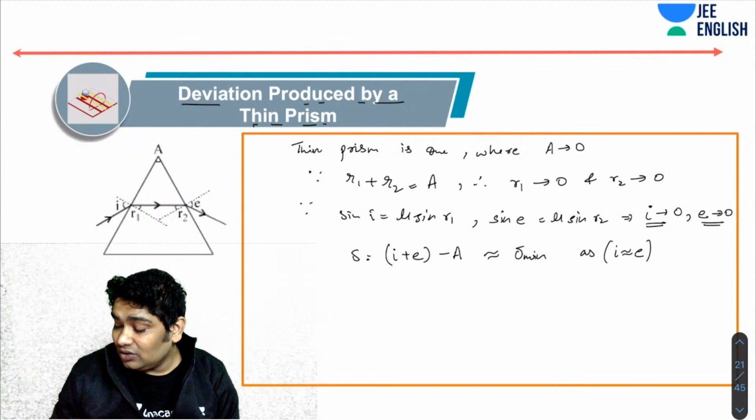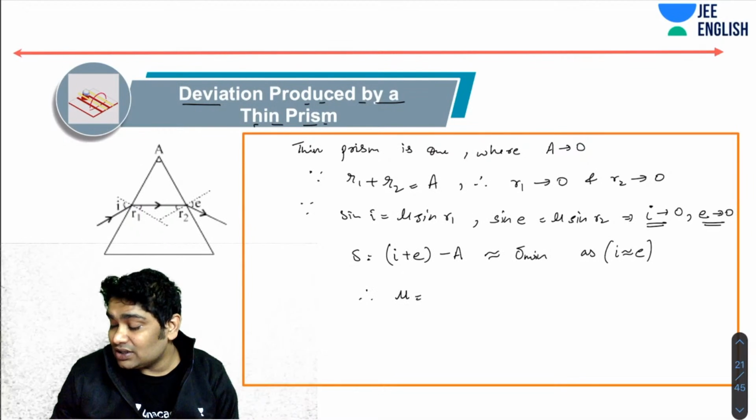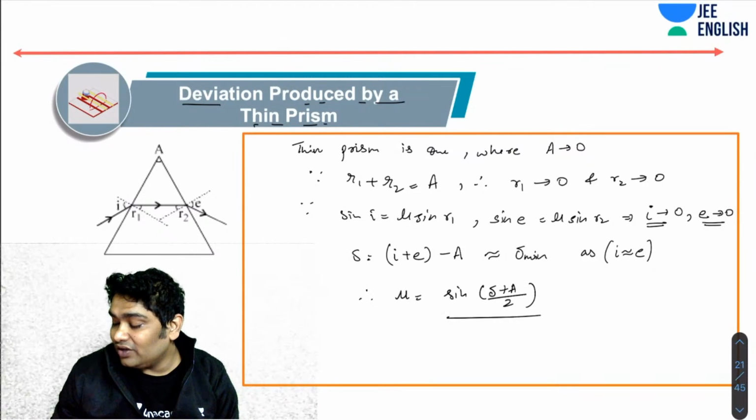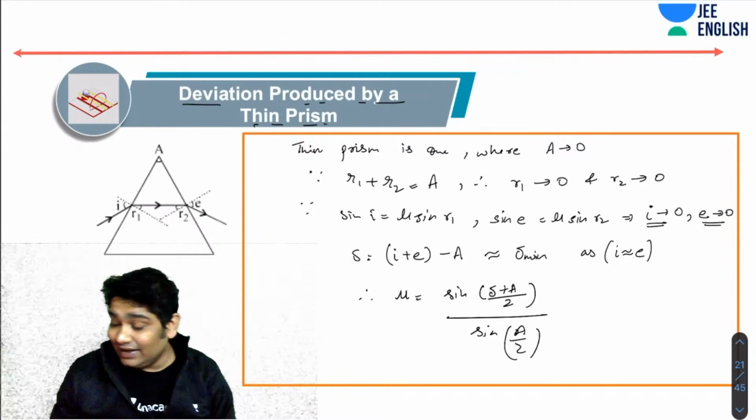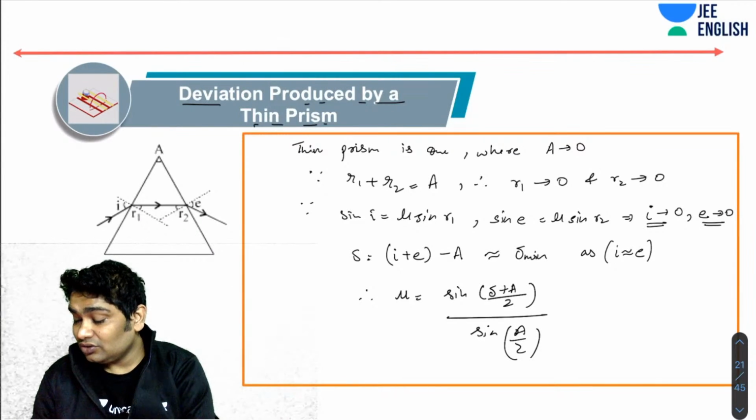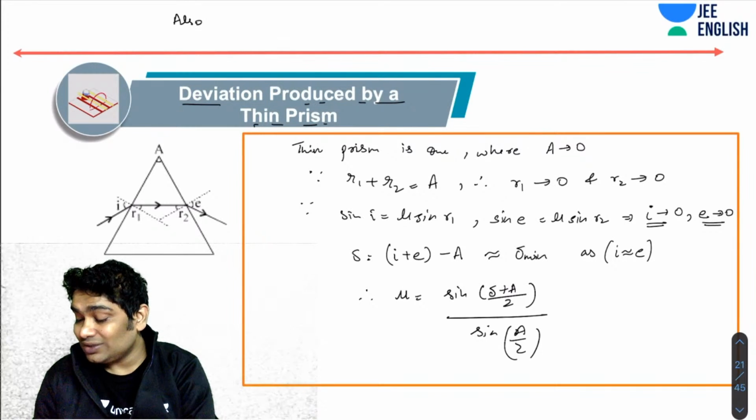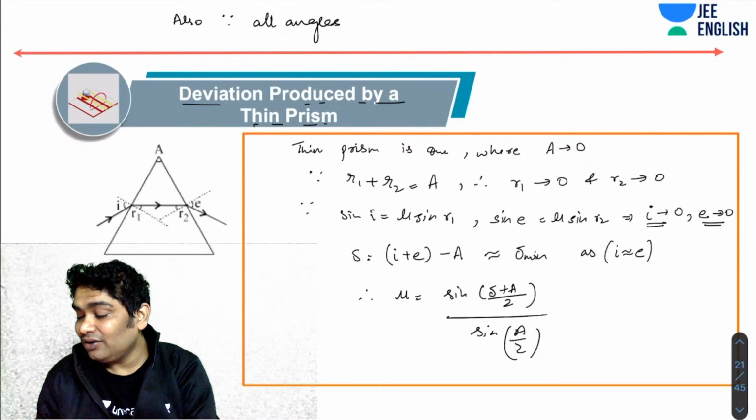So what I can say is therefore mu equals sine of delta plus A by 2 over sine of A by 2. And let me write that also, since all angles tend to 0, delta plus A by 2 also tends to 0.